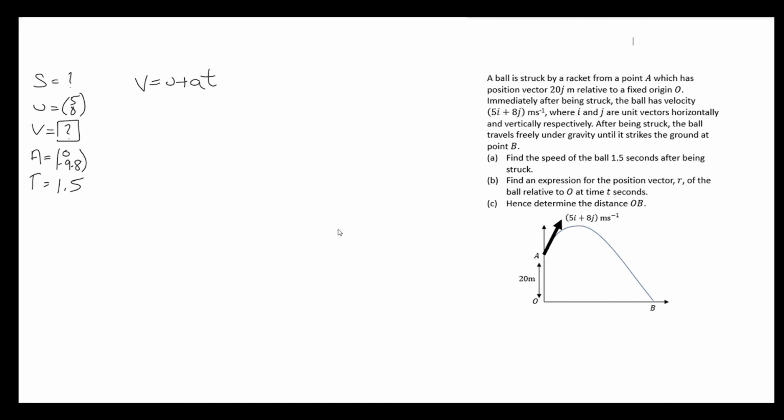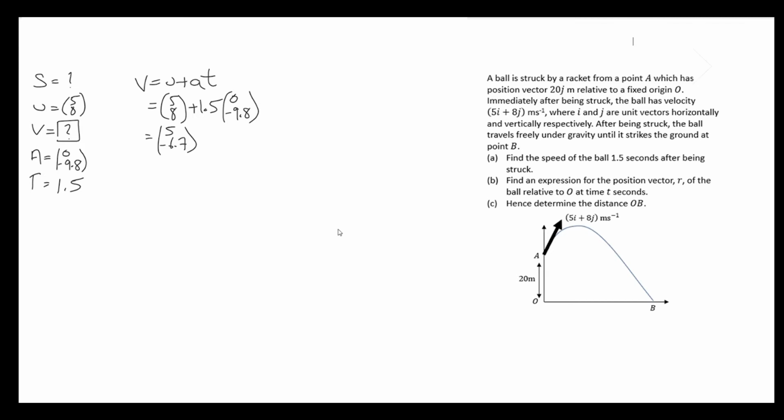We're going to substitute in the vectors that we know, so that's the initial velocity and the acceleration. So we get this, and finding the resultant, we have 5 and negative 6.7. This is the velocity vector after 1.5 seconds.